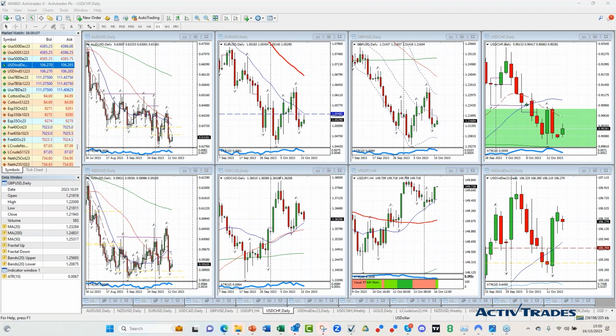Having access to euro dollar, dollar yen, dollar Swiss, pound dollar, dollar CAD, Kiwi dollar, Aussie dollar would make you a dollar trader, but that's absolutely fine. As a way and a means to start to engage with FX markets, that might well be the best and simplest way to do that.